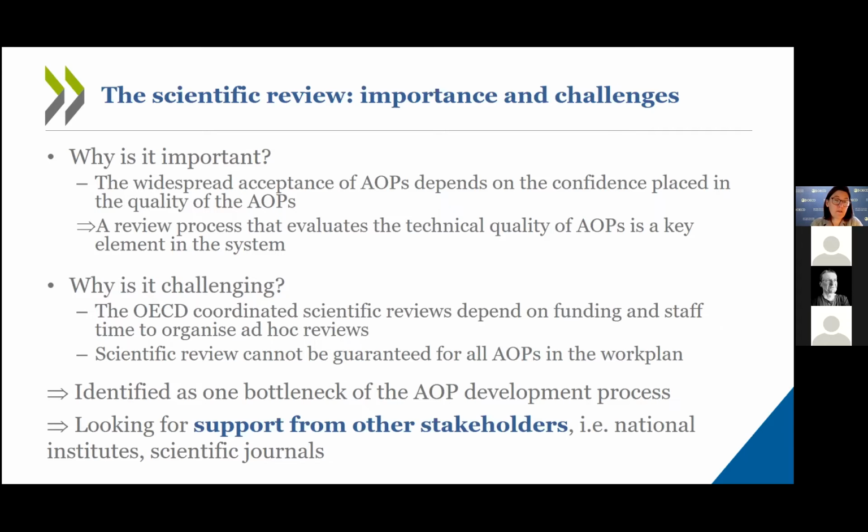So this scientific review has been identified as one bottleneck of the AOP development process, and this is the reason why we are looking for support from other stakeholders, like national institutes or scientific journals.